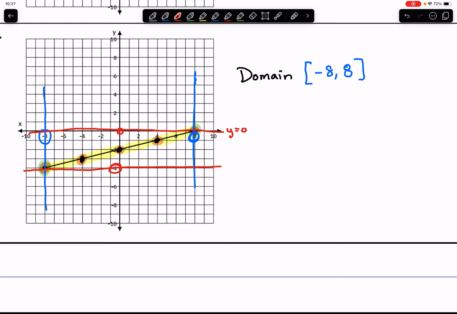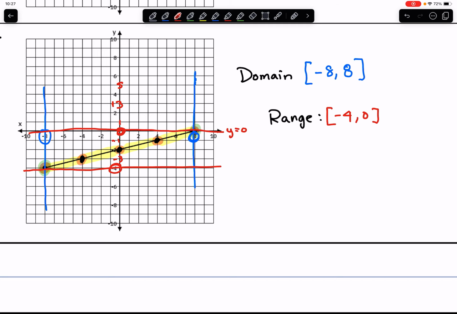This right here is 0. Since this is -1, -2, -3, +1, +2, +3, 4, 5, and so on. So this one right here in the middle is going to be 0. So the range for this function is going to be all of the y values from -4 to 0.